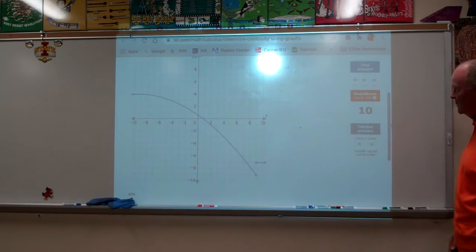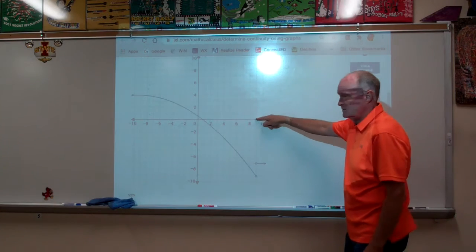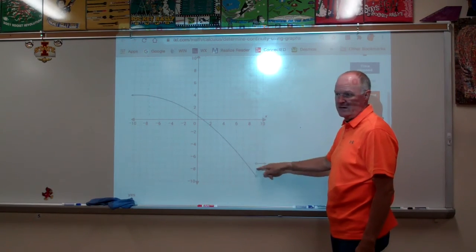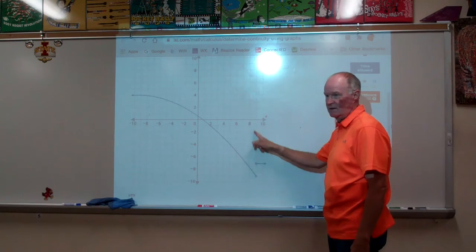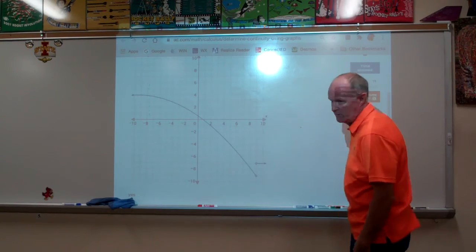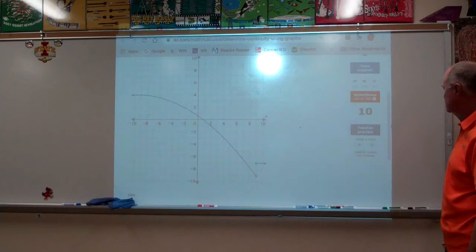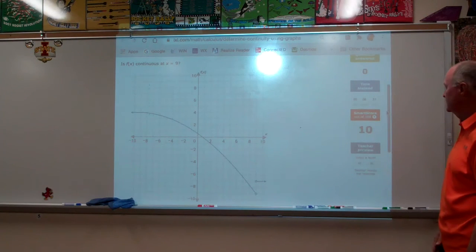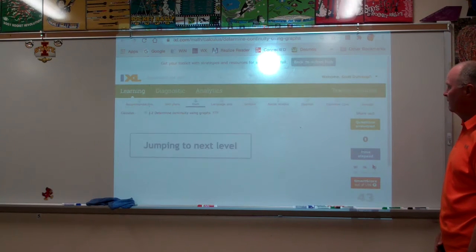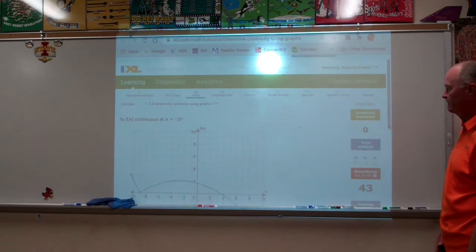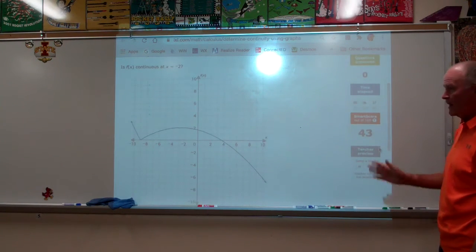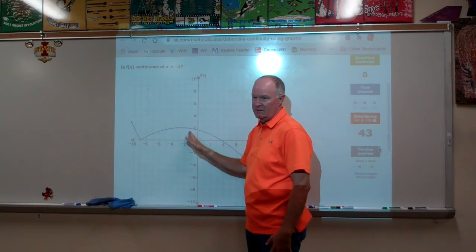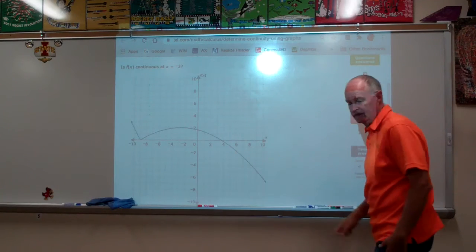So like if they said at x equals 9, is it jump right there? Yeah, so that is not continuous right there at x equals 9. They'll give you probably where to check. In this case, it said at x equals 9, so that would be a no. You might have a graph that is not continuous, but they might ask you a different spot, so be very careful with that.